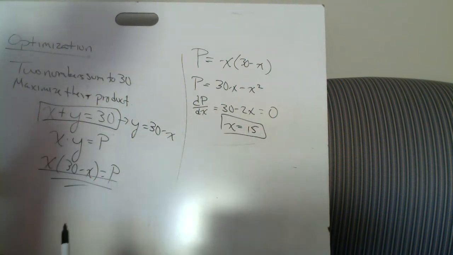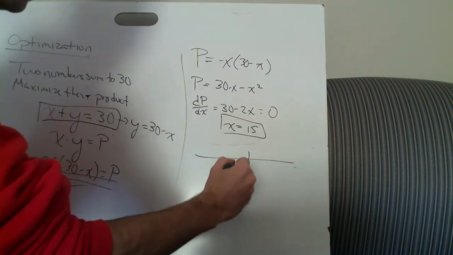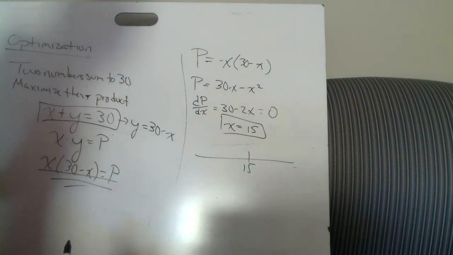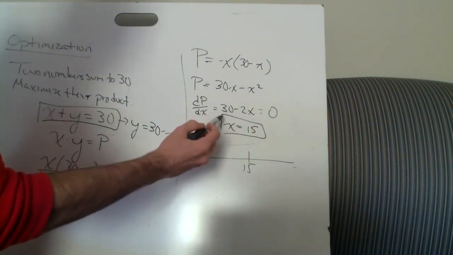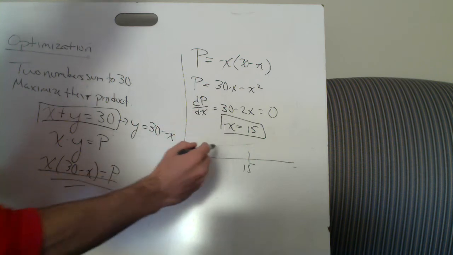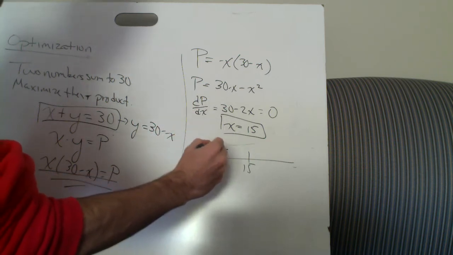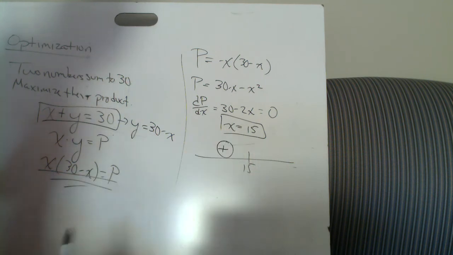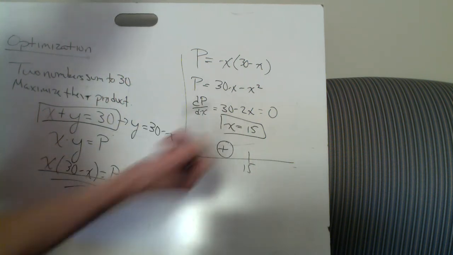Now I have to do a quick check to make sure that this 15 is a maximum and not a minimum. So I'll draw my sign line here. There's a 15. If I pick any number less than 15, plug it into my derivative, I'll find that my derivative is going to be positive. Yep, any number you like less than 15, maybe 0. 30 minus 0 is 30. Great, so it's positive.